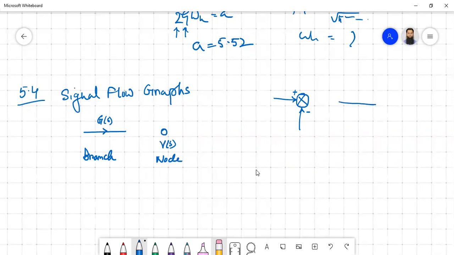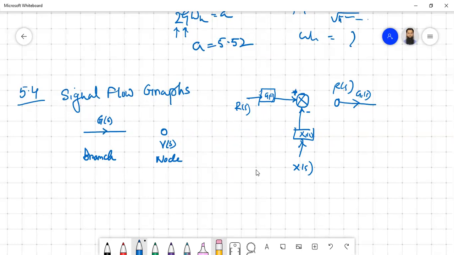Prior to that you have G1 of S, here maybe X1 of S, then maybe some other signal. Say this is your R of S, this is your X of S. Now R of S will be a node. With G1 and the summing junction, we have a plus, so you have G1 of S as a plus.